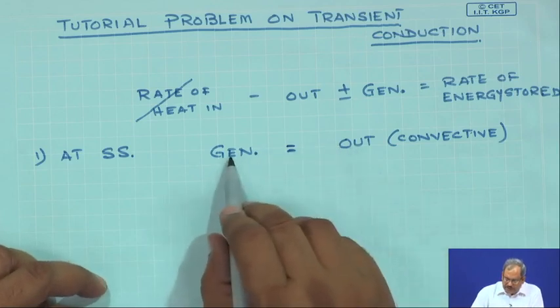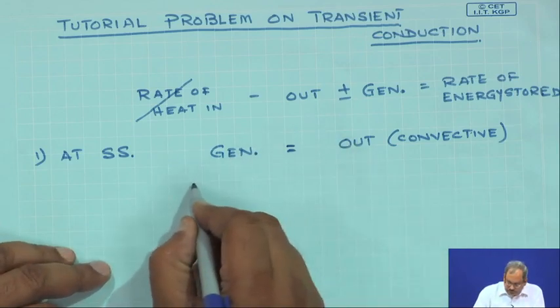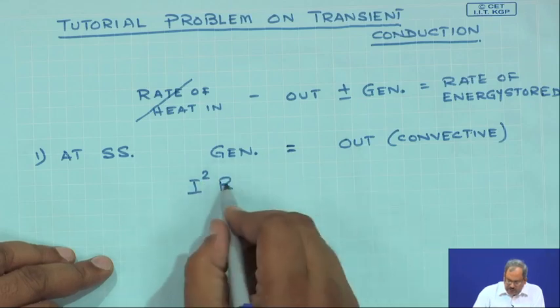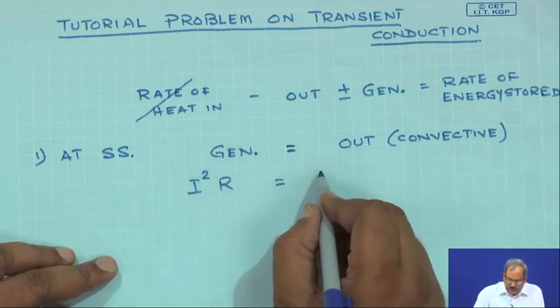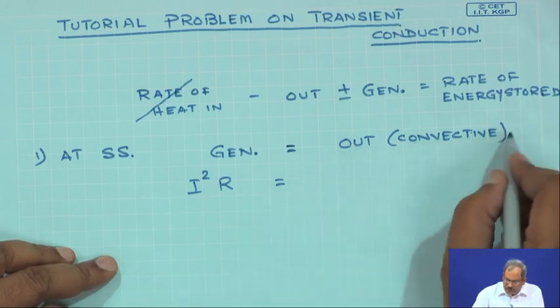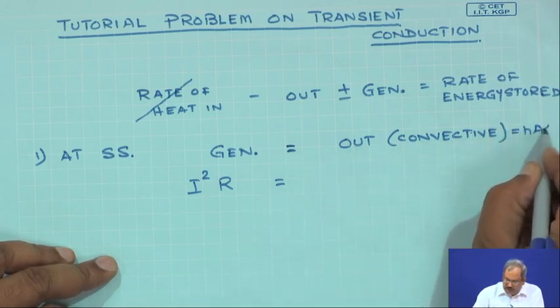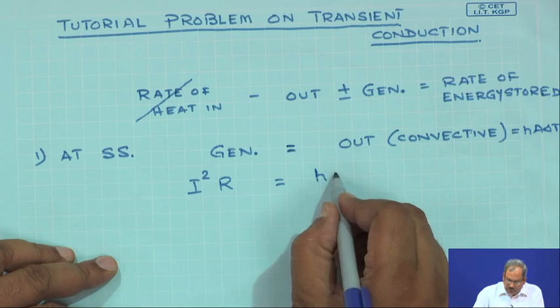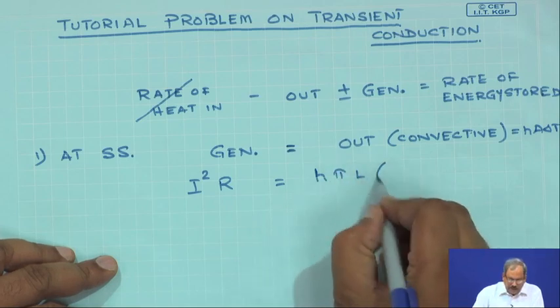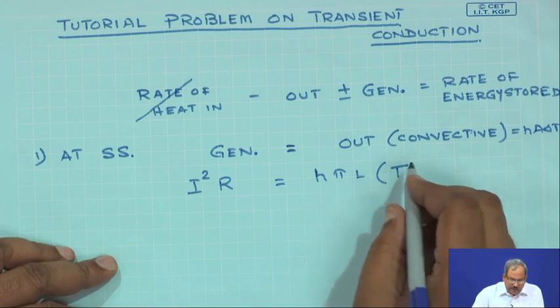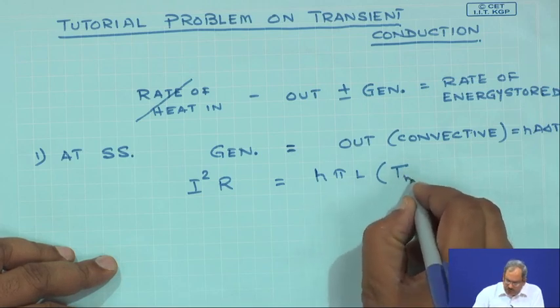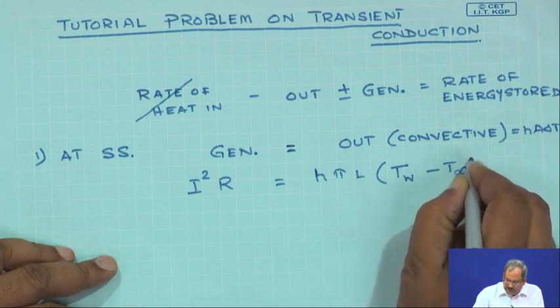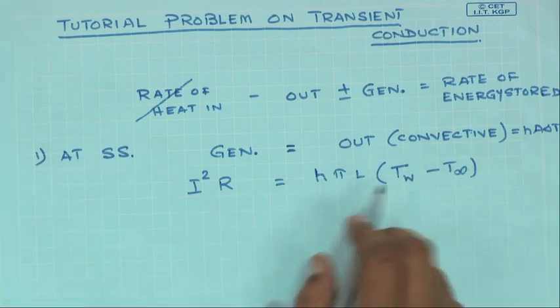So, if I is the current flowing through it and R is the resistance of the entire wire, then by Newton's law of cooling it should give us h A delta T, where h is the convective heat transfer coefficient times pi d L, where L is the entire length, times T of the wire at steady state minus T infinity. At steady state this equality must hold in order to obtain the steady state temperature.